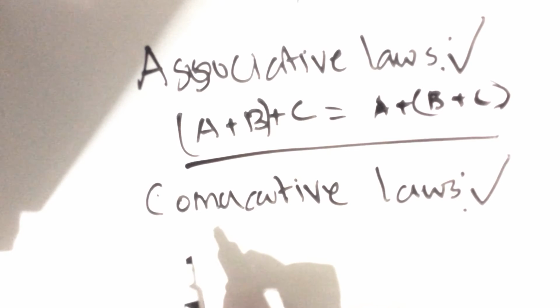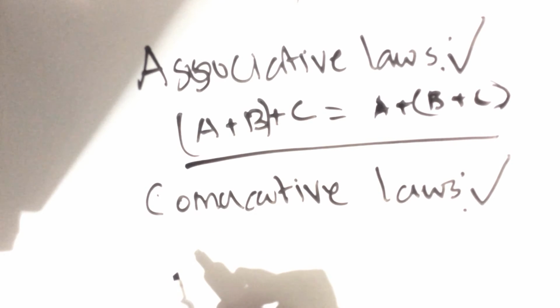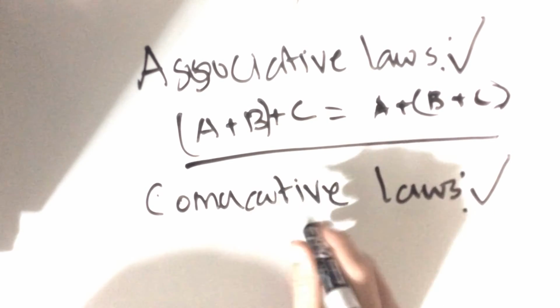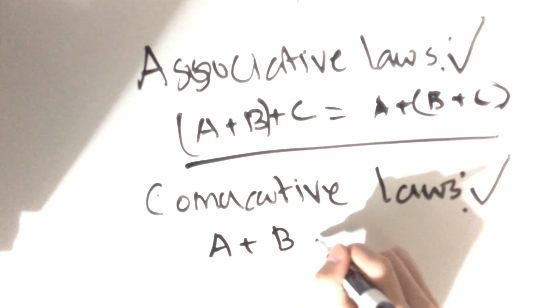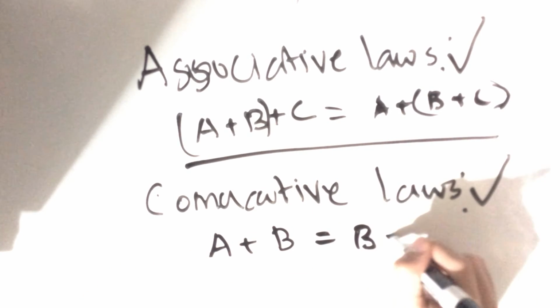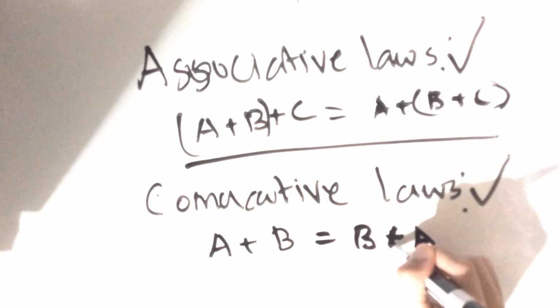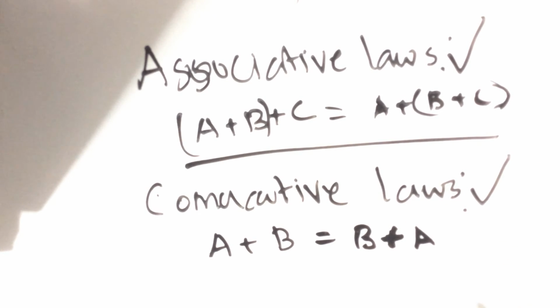As far as commutative laws go, it also qualifies because of this right here. A plus B is the same thing as B plus A. All right? And that is all I have for today as far as the OR gates are concerned.